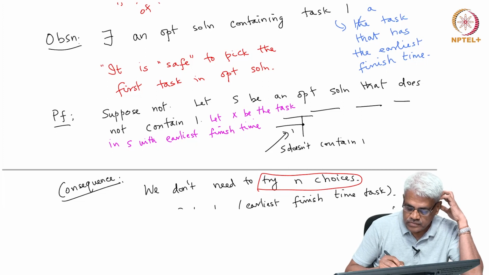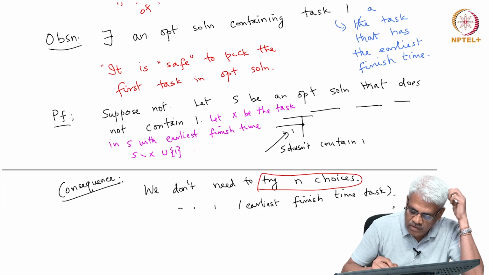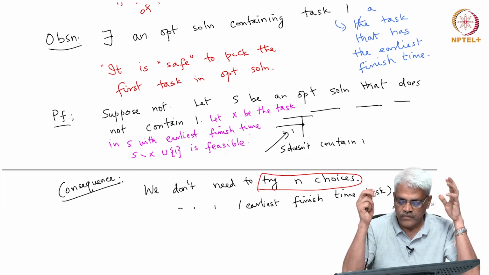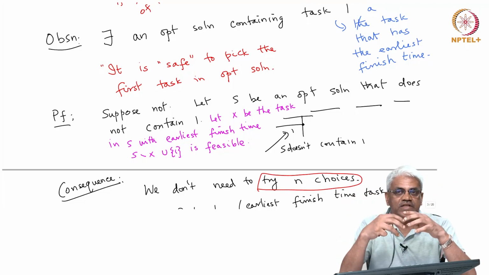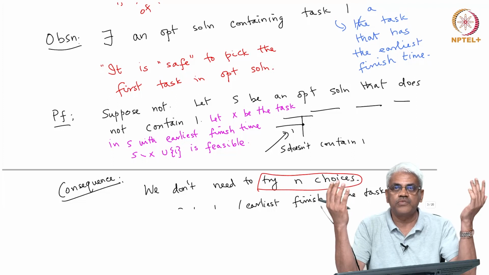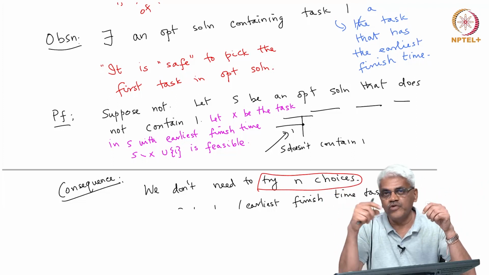Now, I remove X and add 1. I claim this is also a feasible solution. This is also non-overlapping with whatever I have picked. Once I show that, I know that this is also optimal. Why? Because optimal is in terms of the number of jobs in your set. From your optimum set, I've removed 1 and added 1.